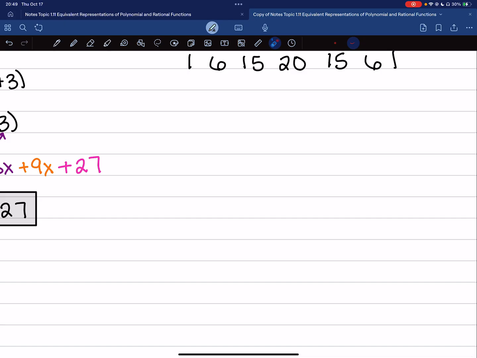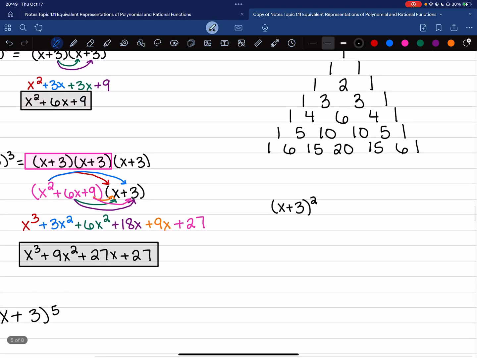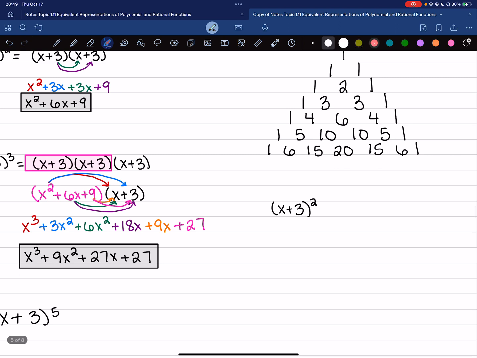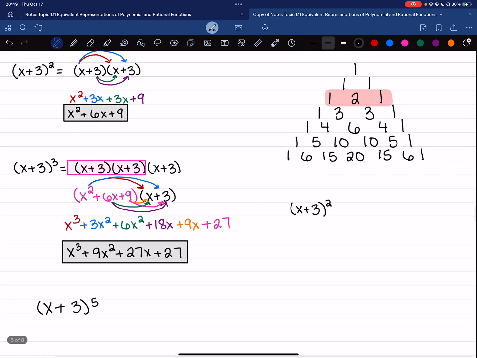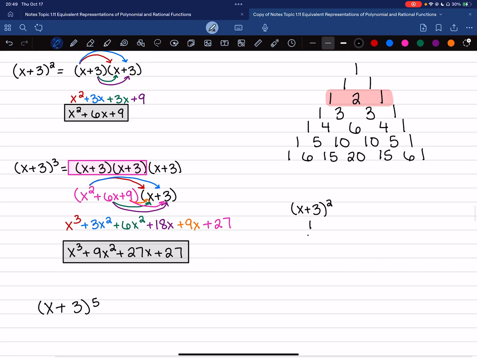So if we're going to go back and we're going to do x plus 3 to the 2nd power, we are going to use the coefficients from the row that has a 2 as the second number. So right here. Now, I like to do this going down vertically. So what I mean by that is I like to write it as 1, 2, 1.